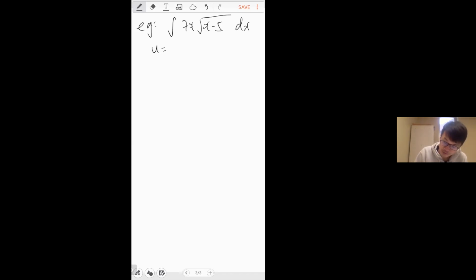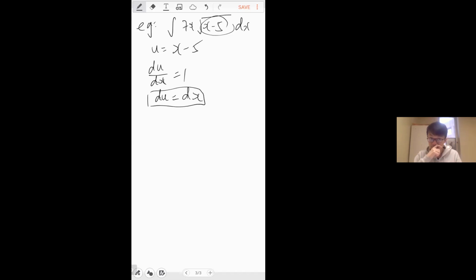Okay, x minus 5, because it's under the square root. So you pick u to be x minus 5, and so du dx equals 1. Eventually, I want to turn everything into u. So this is the same as saying du equals dx. And then I also know that from u equals x minus 5, I get x equals u plus 5.